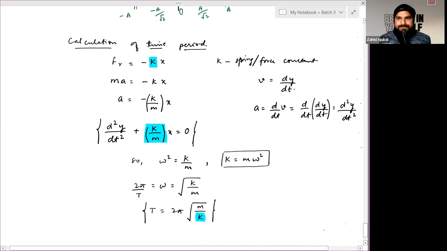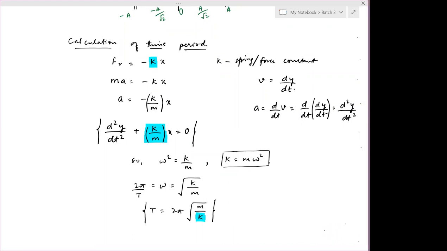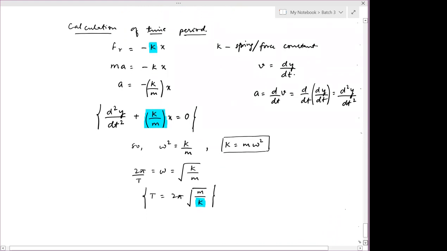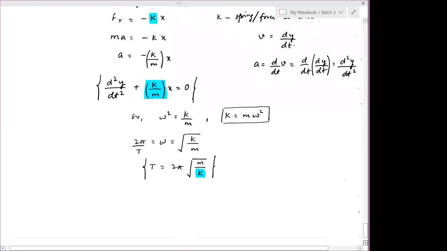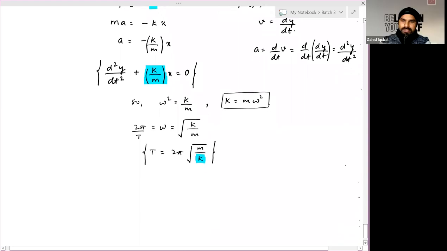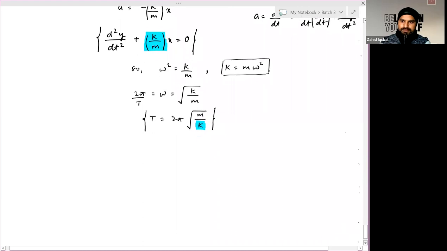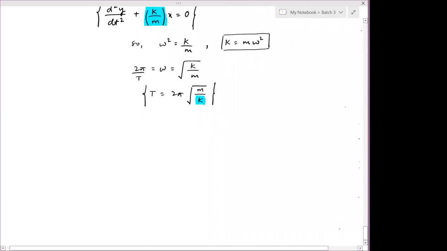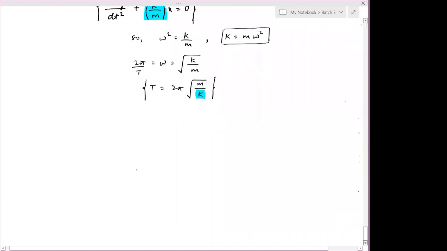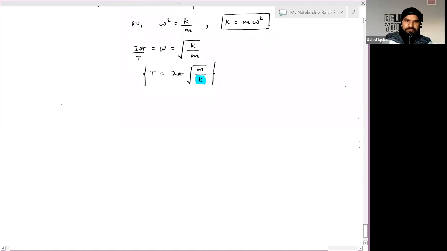Yusuf, done? Yes, sir. Abhinav, any doubt? No, sir. You have to calculate first for the simple pendulum.